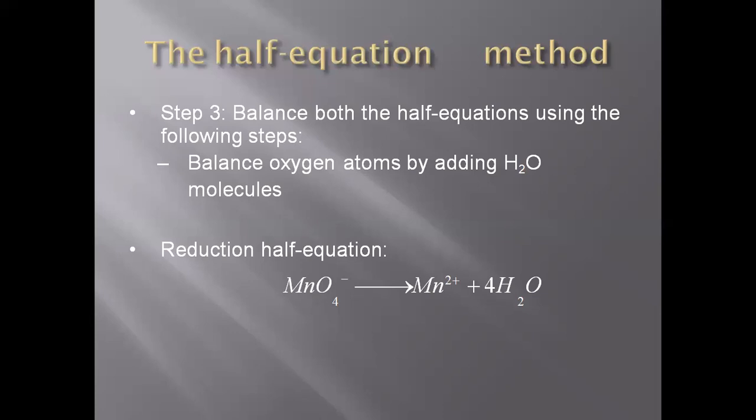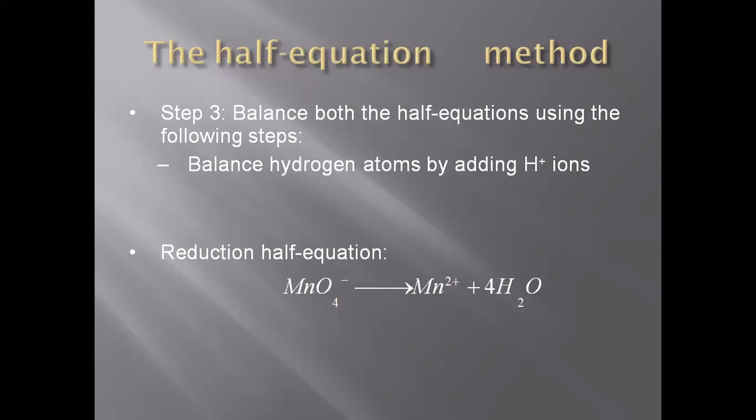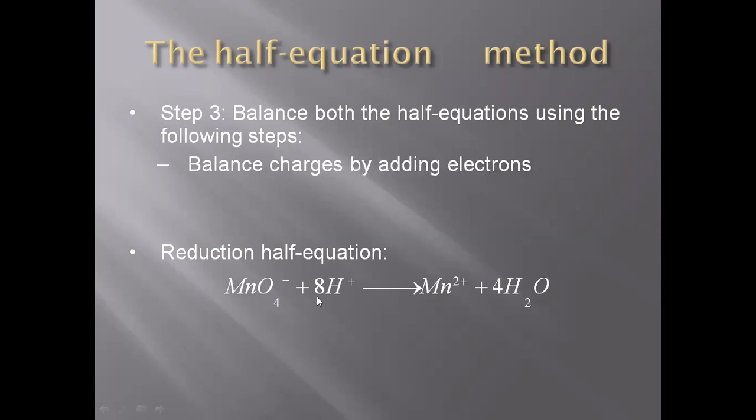But now, as you can see, hydrogen is unbalanced, since we have hydrogen on the product side but not on the reactant side. So we need to add H positive ions on the reactant side to balance the water. As you can see, 8 hydrogens are there in the 4 molecules of water on the product side, so we have added 8 H positive. The next step is to balance the electrons.